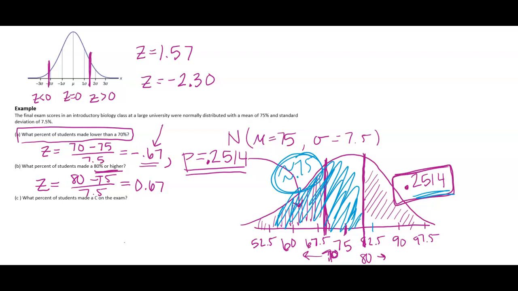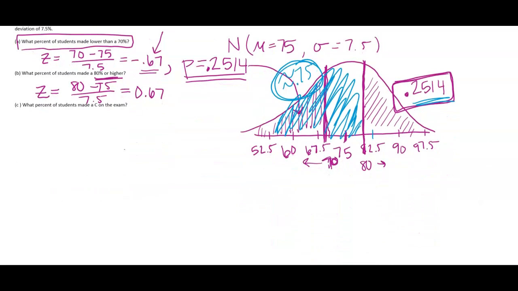All right, on C, what percent made a C on the exam? So we are going to assume that a C is from a 70% through a 79.9999%. Okay, that really means we can just do this percentage here.